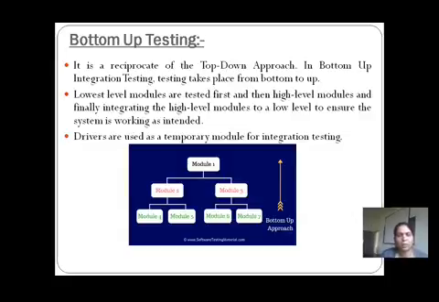Both types of integration testing, top-down integration and bottom-up integration, are very important. Bottom-up integration testing starts from the bottom level and goes up to the top level, but top-down starts from the top level and moves down to the bottom level.